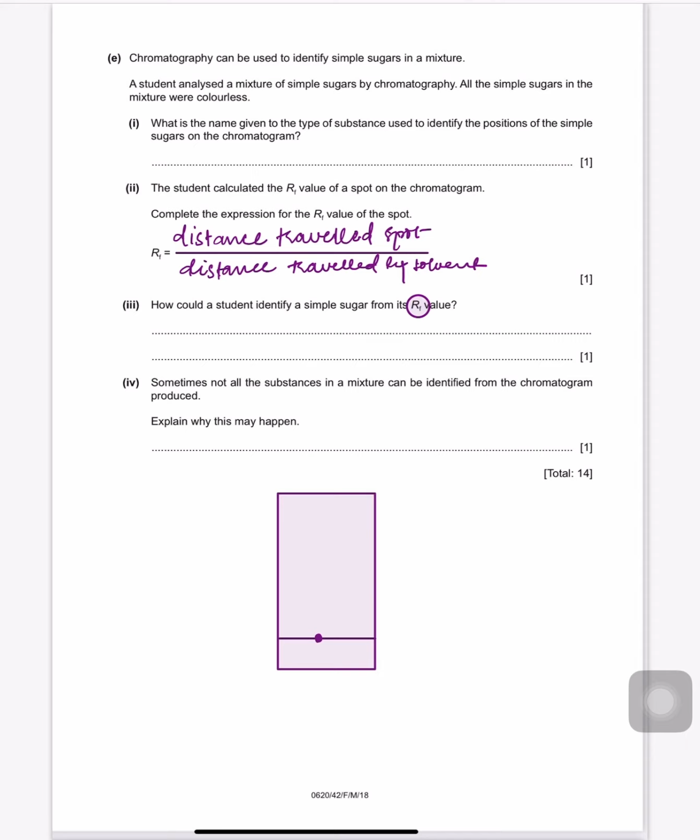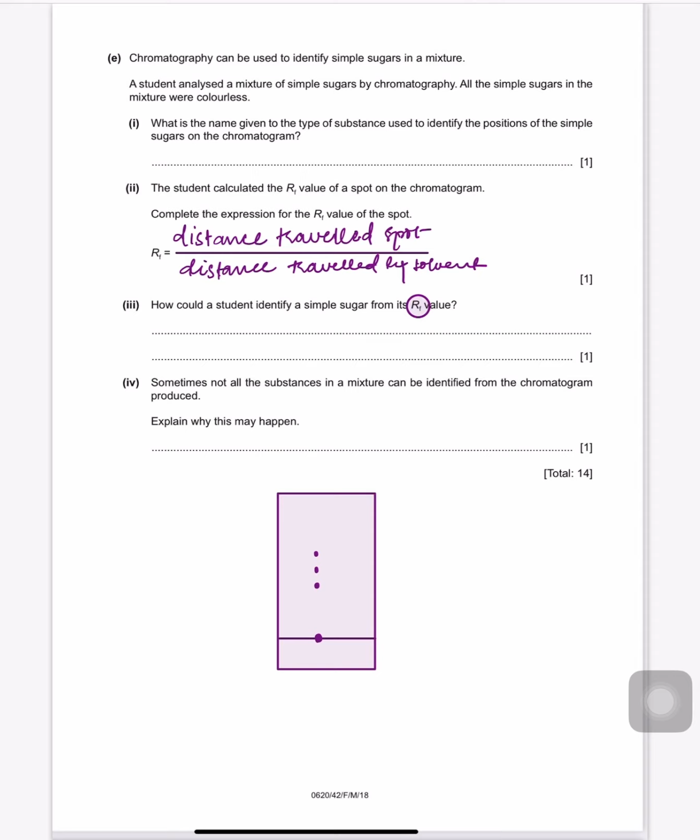Let's see. So 1 is there and 2 is there and 3 is there. We can definitely say that out of the 4, 3 are there. Where is the fourth one? It means that 2 of the parts of the sugars have traveled the same distance.